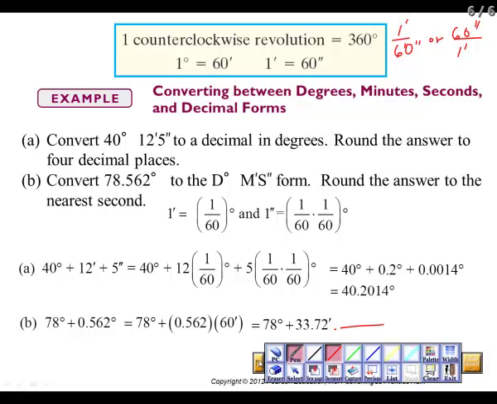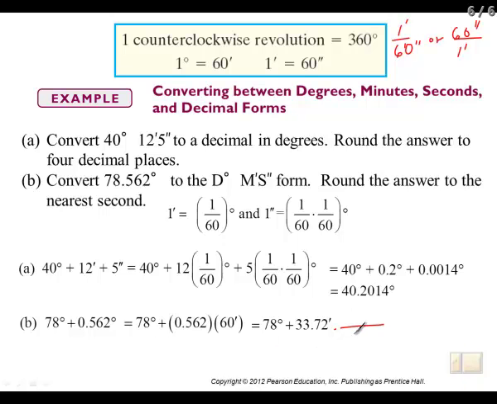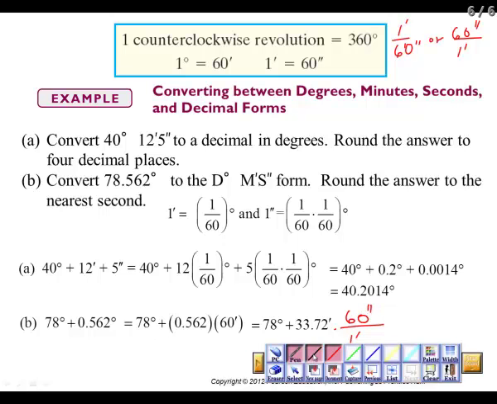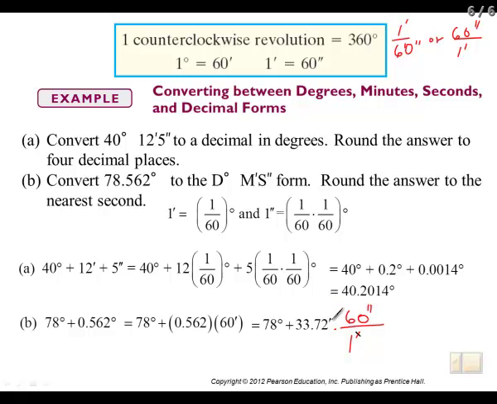Well, you look at what we're going to cancel and what has to go in the denominator to cancel with this minute unit. So you should have said that you're going to put the 1 minute in the denominator and the 60 seconds in the numerator so that the minute units cancel out. And so we're going to multiply 60 seconds into that.